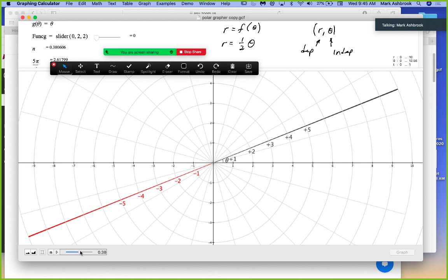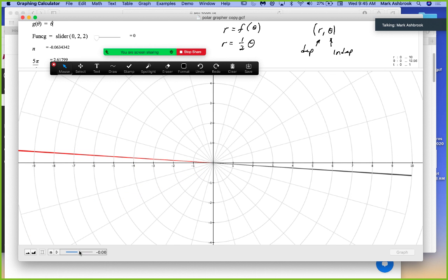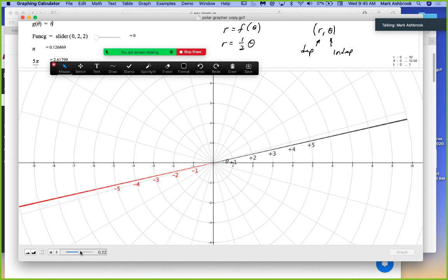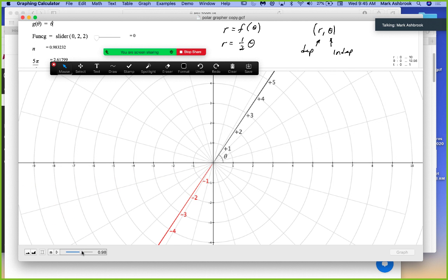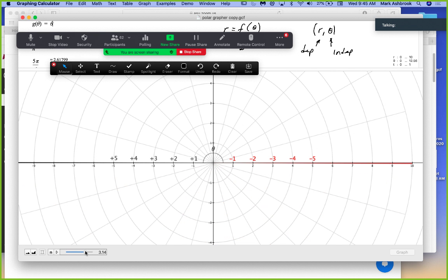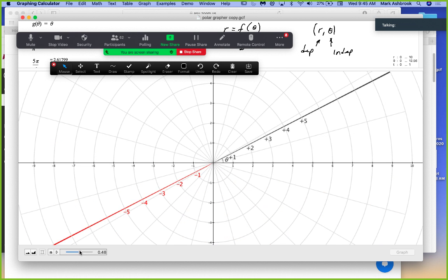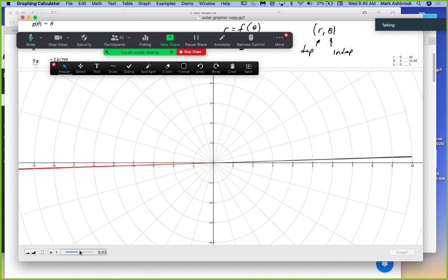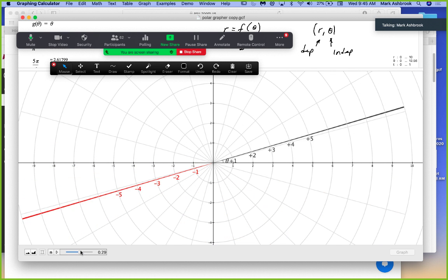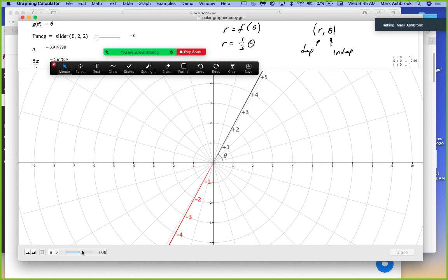Imagine that in your mind's eye: increasing r, moving away from the origin or the pole as theta increases. One more time: start at the pole, and as I increase theta, you imagine moving away from the pole as theta increases.